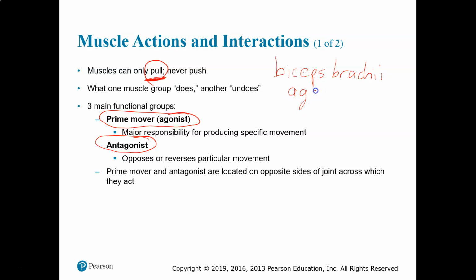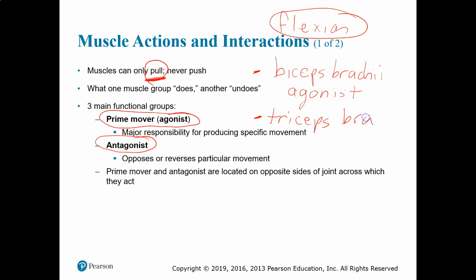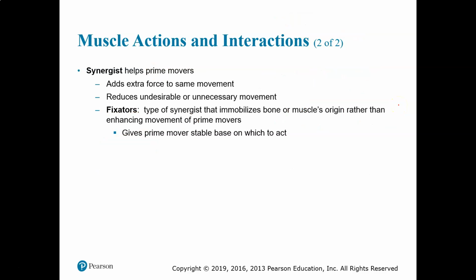So if we're talking about the movement of flexion at the elbow, the biceps would be the agonist. The triceps would be the antagonist because the triceps would cause extension. Okay? So there's the agonist, there's the antagonist.